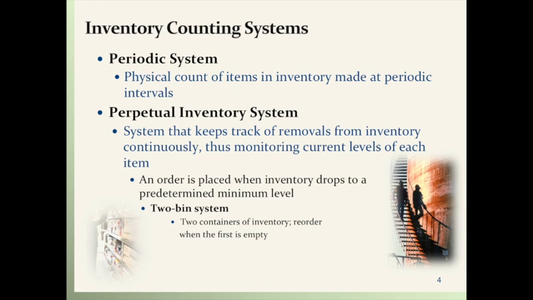Another is the perpetual inventory system. This keeps track of removals from the inventory continuously, and then when it gets to a certain level, you order. There's something that's cool called a two-bin system, where you have two containers of inventory. And when the first one goes empty, you order the second.